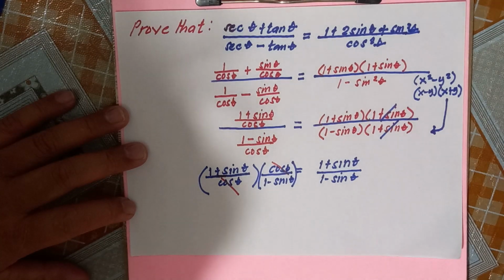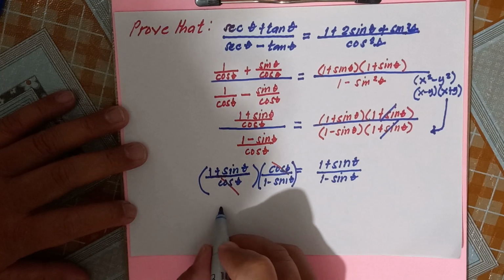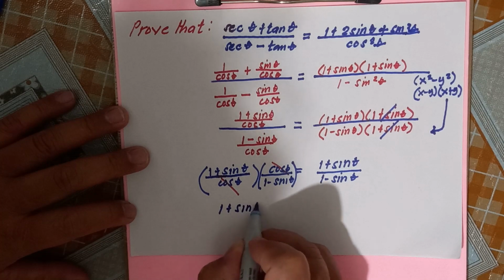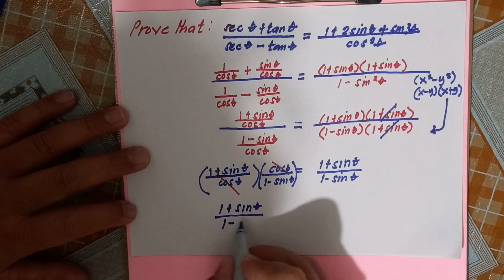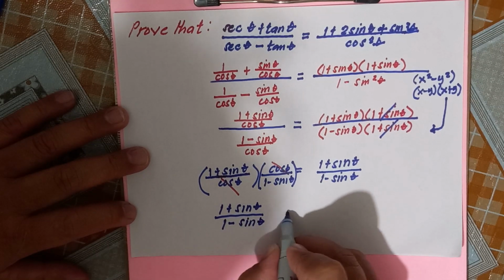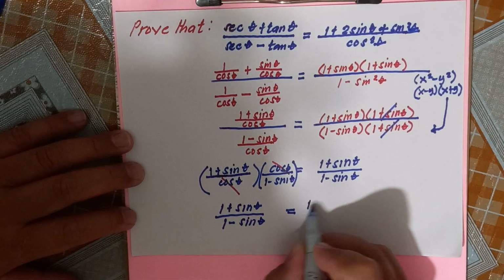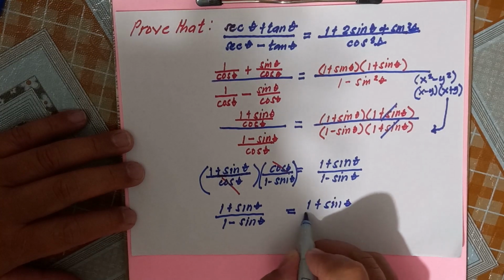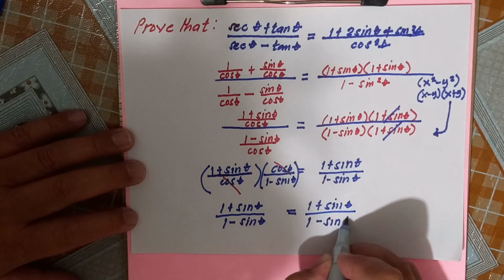What is left now is 1 plus sine theta over 1 minus sine theta, which is equated to the right side, 1 plus sine theta over 1 minus sine theta.